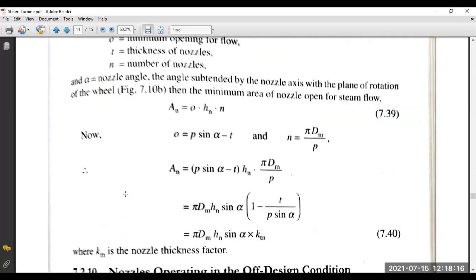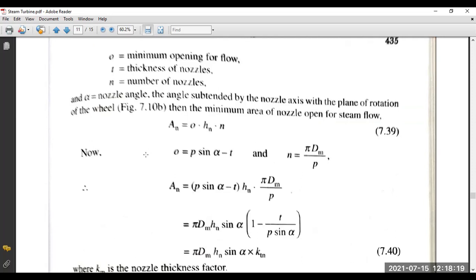Now, what is sigma? It is equal to p into sin alpha, and pitch p is equal to pi into dm by n. An is equal to (p sin alpha minus t) into hn into pi dm by p, which is pi dm hn sin alpha into (1 minus t by p sin alpha).